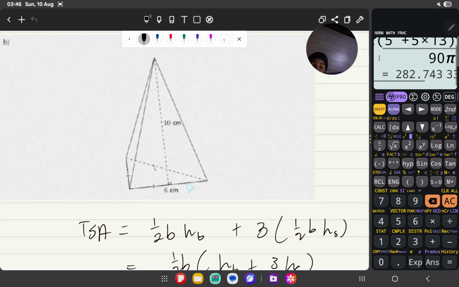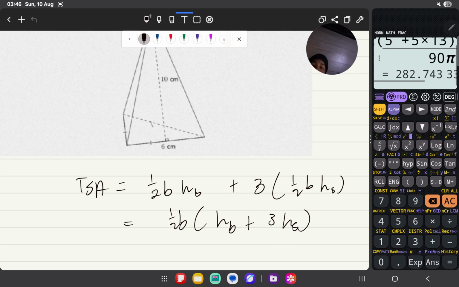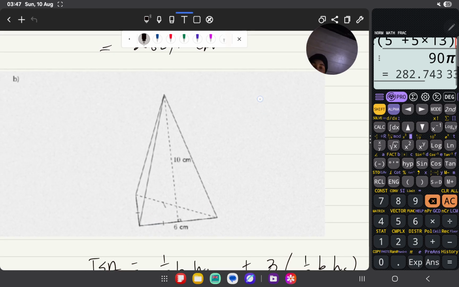So we see that the base is 6, and the perpendicular height on this side is 10. So the HS is sorted. As for the height of the base, you have an equilateral triangle with side 6 units.